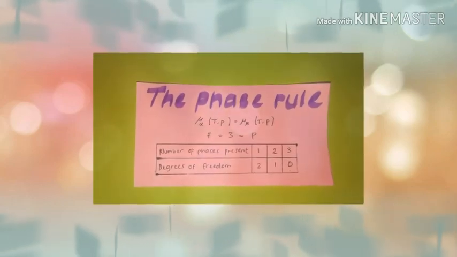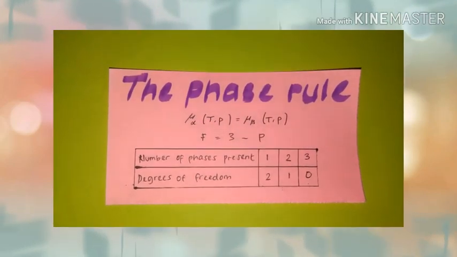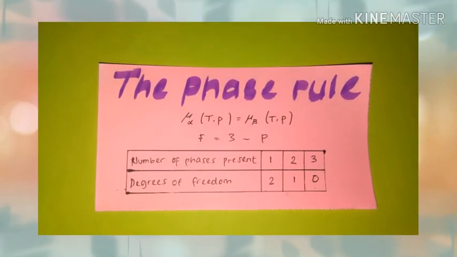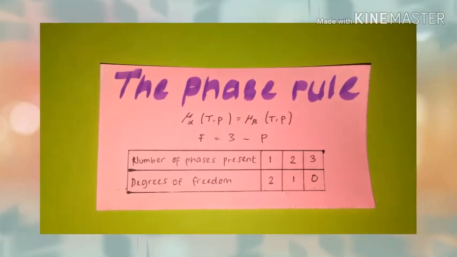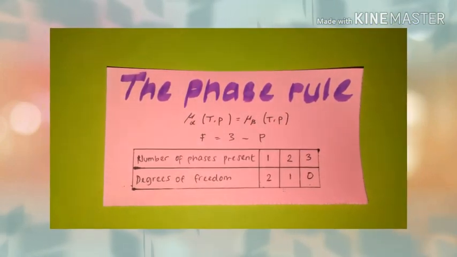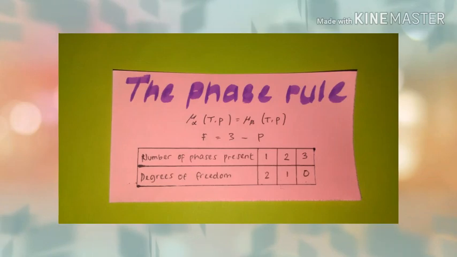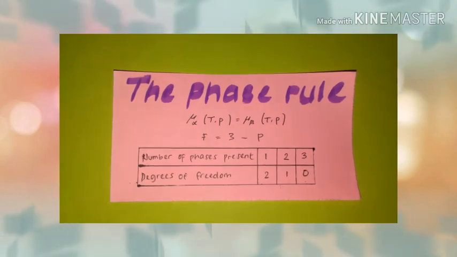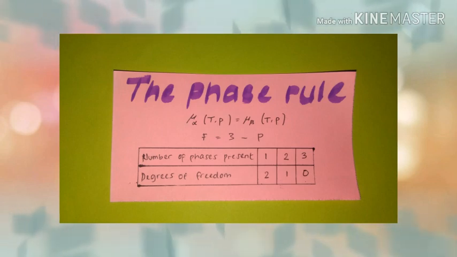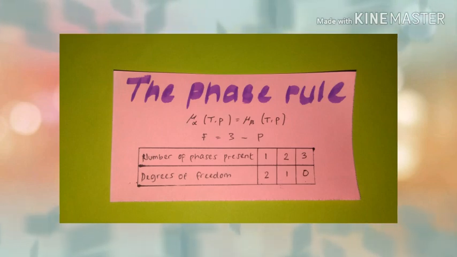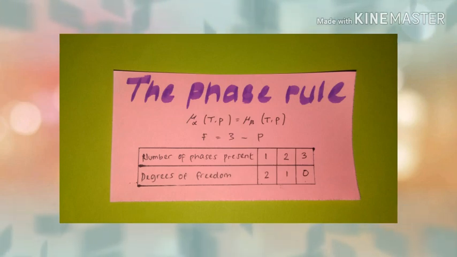Next, the phase rule. The coexistence of two phases in equilibrium implies a condition, which means that the two intensive variables ordinarily needed to describe the state of the system are related. Only one intensive variable, either temperature or pressure, is needed to describe the state of the system.